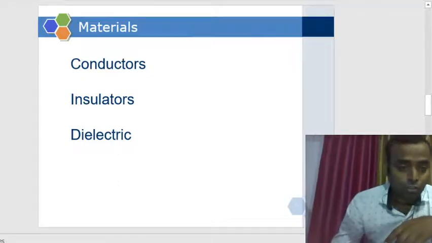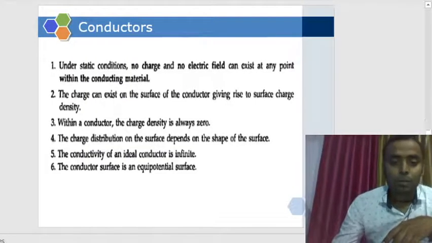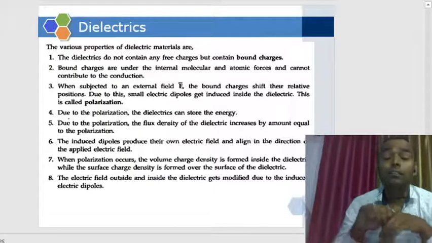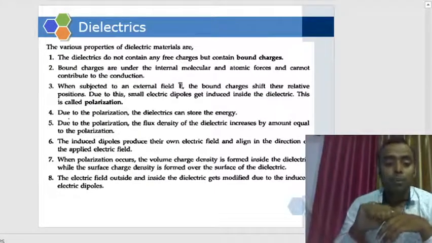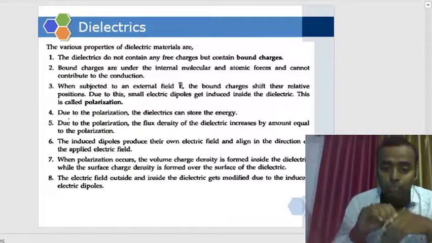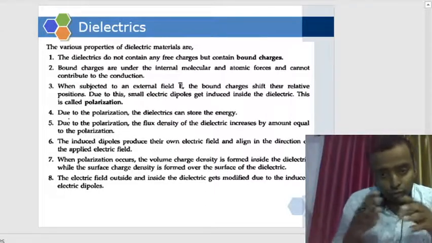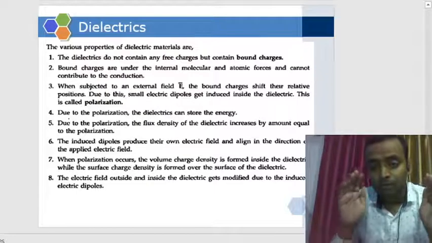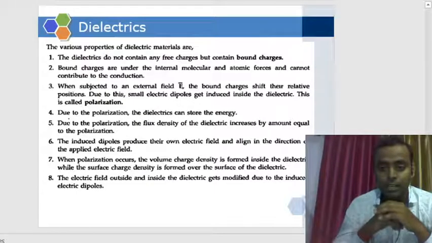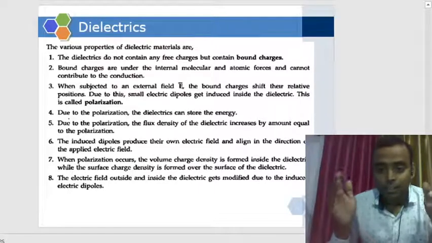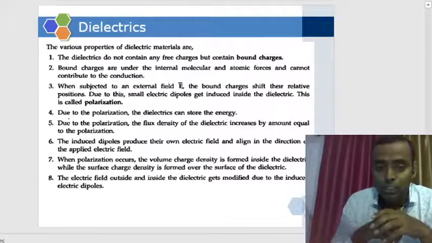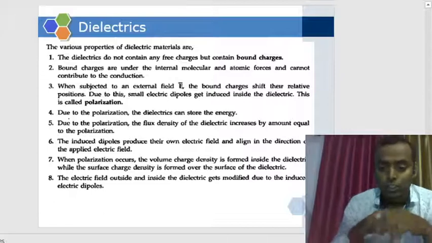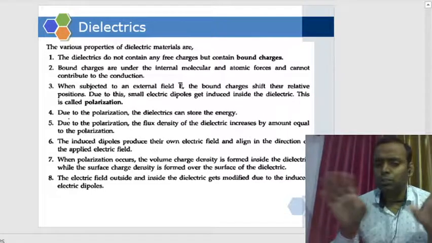As we had the properties of insulators and conductors, we have the properties of dielectrics also. What are those dielectrics? They do not have any free charges, but they have bound charges. Bound charges are under the internal molecular and atomic forces and cannot contribute to conduction.